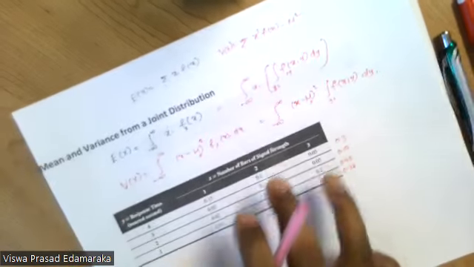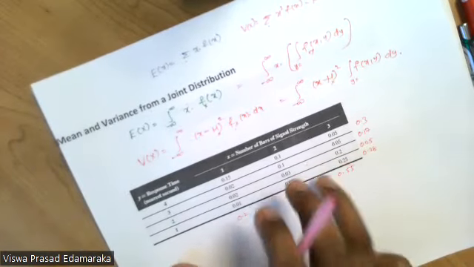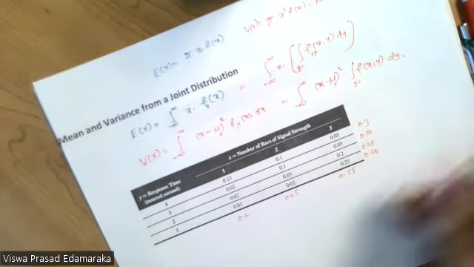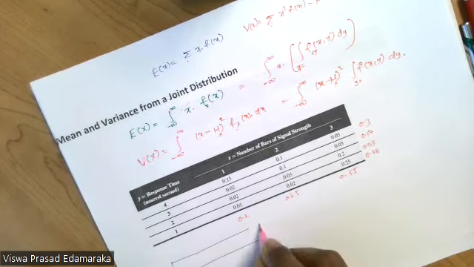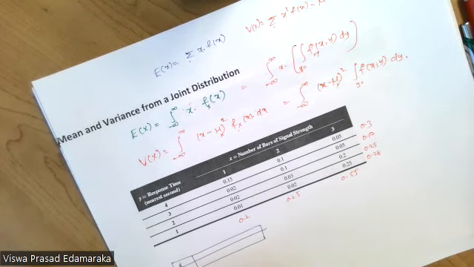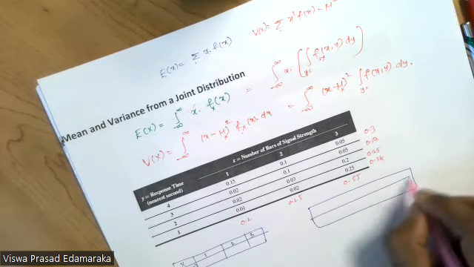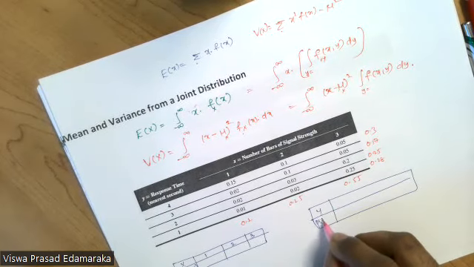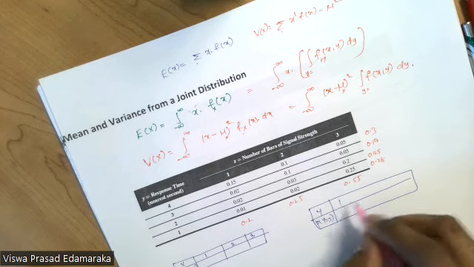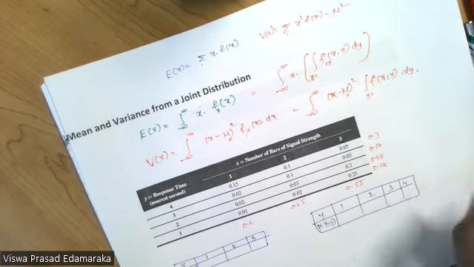So we will redraw this table into two halves, for x as well as for y. For x, what are the x values? 1, 2, and 3. For y, 1, 2, 3, 4.